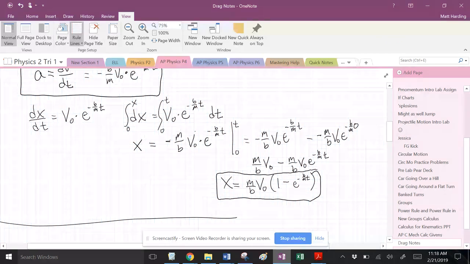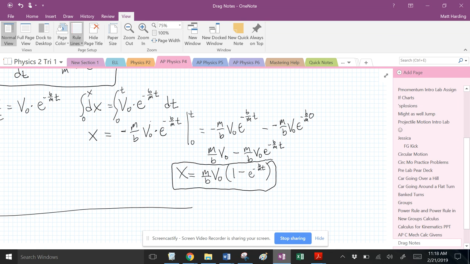And so if we take a quick look at what happens as time goes towards infinity, for greater values of t, e to the negative b over m t approaches 0, so everything inside the parentheses approaches 1. So x is going to tend towards m over b v naught. That would be the total displacement until stopping.